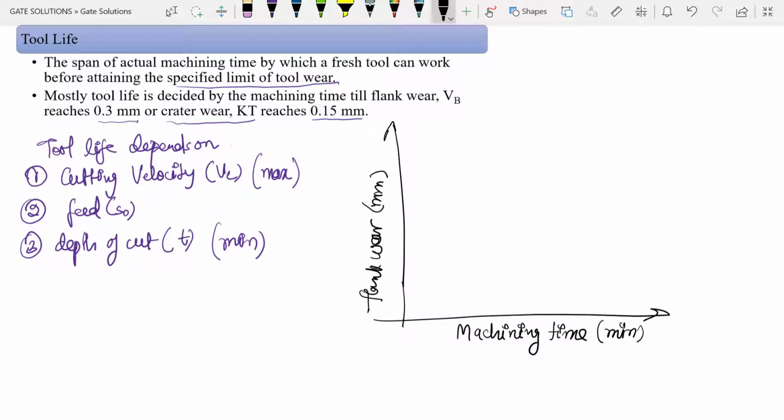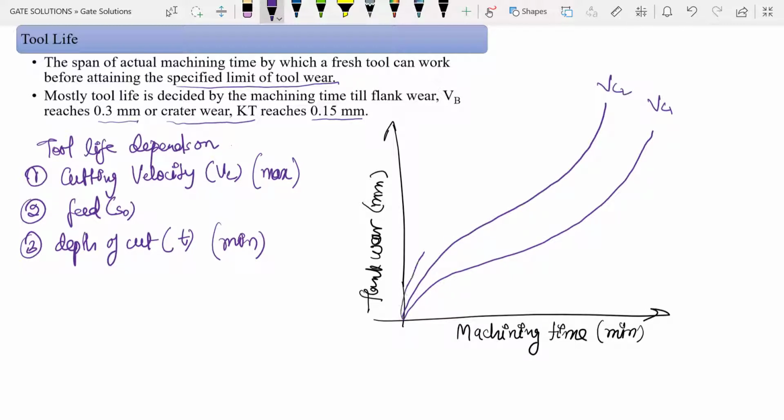The variation was plotted by varying the cutting velocities. It is found that it follows a rectangular hyperbola. So this is for the velocity Vc1, this is for Vc2, this is for Vc3, and this is for Vc4.